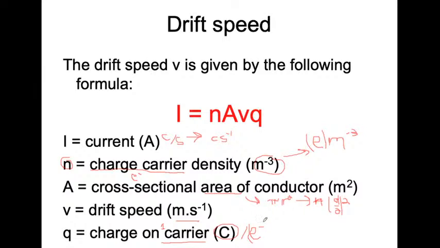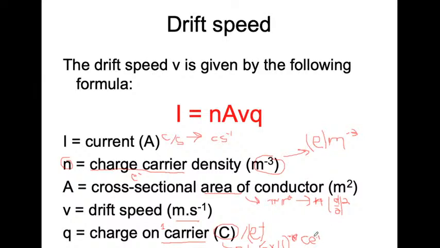For an electron, we have 1.6 times 10 to the -19 coulombs per electron. Yes, 1.6. So that's the number you're going to be working with the most, because we're working with electrons the most. 1.6 times 10 to the -19, oops, that's supposed to be a 9, -19 coulombs per electron.